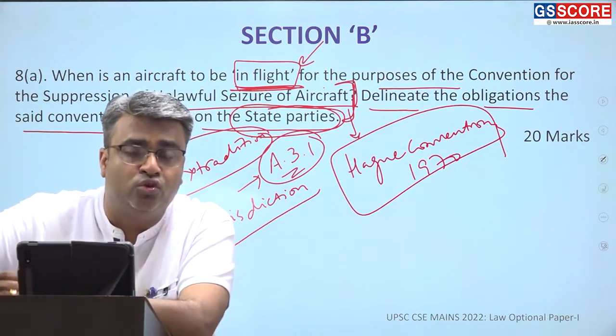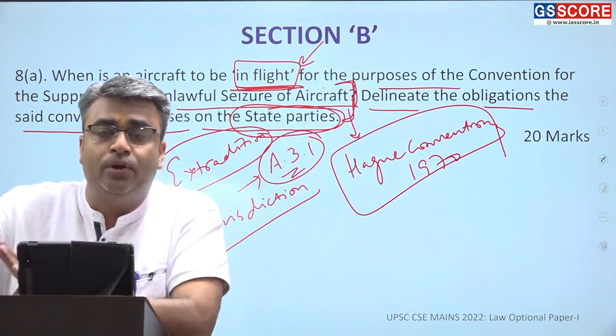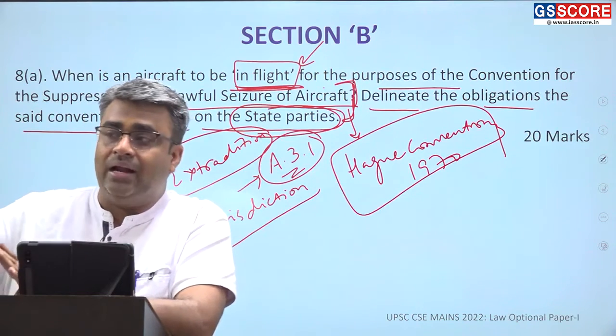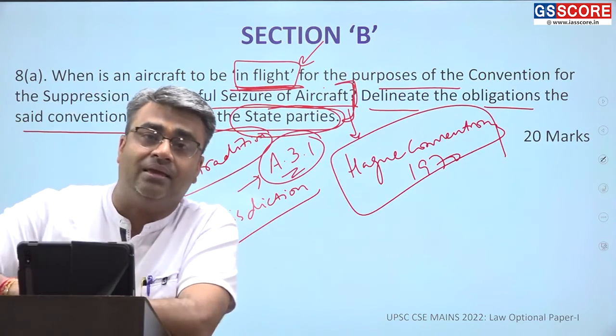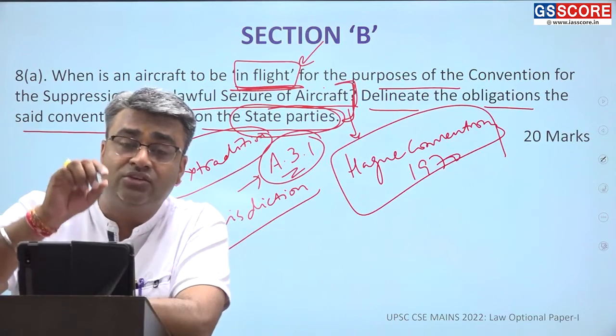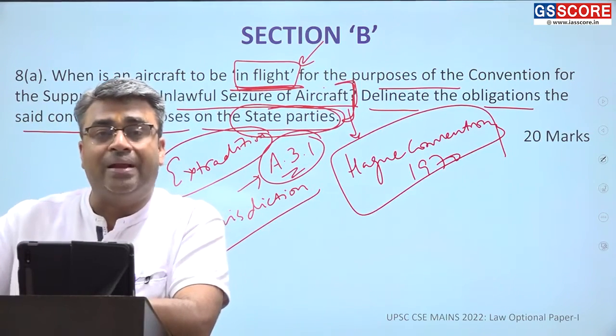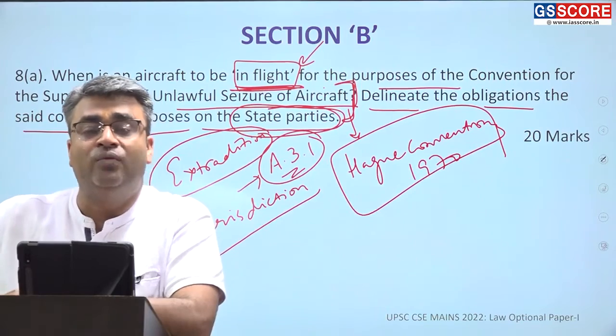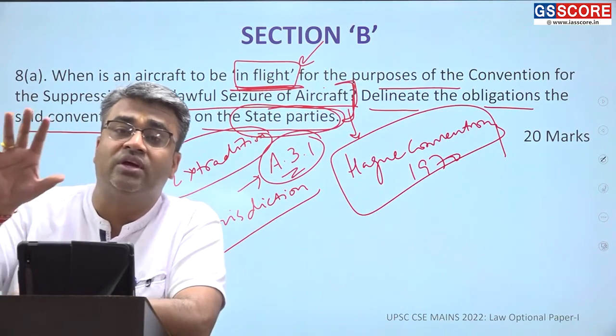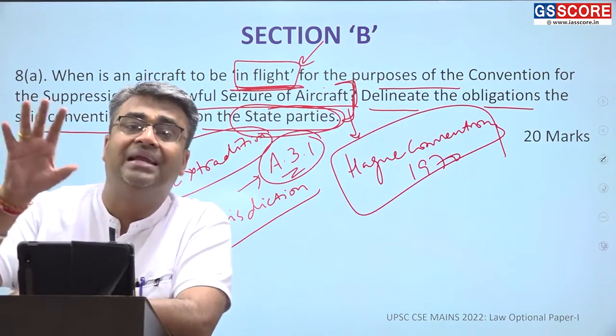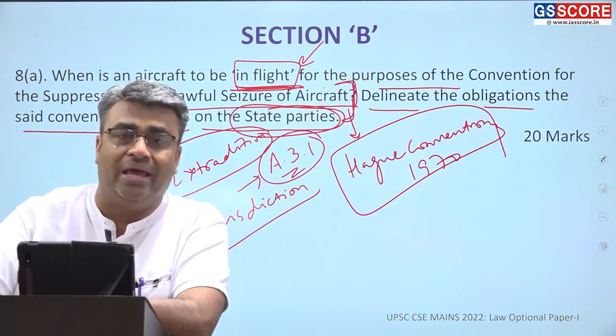So if the airplane belongs to country A and now it has landed in country B, then both countries will have jurisdiction over the offender. Normally priority should be given to country A to which the plane belongs, because we generally consider the floating island rule, or we can say the flag rule.